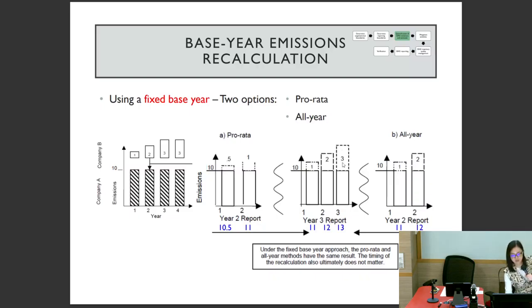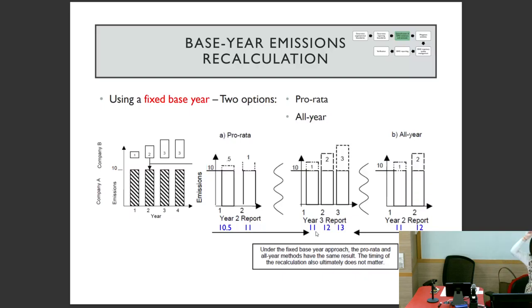And because we are comparing apples to apples, if year 3 is 100%, then year 2 is also 100%, and year 1, the base year, is also 100%. So now the base year emissions is adjusted to 11. All right?